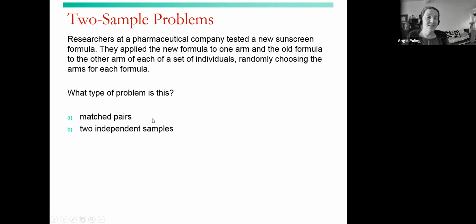But again, this is a matched pair. You are an individual in both samples. You're literally putting the two creams on yourself, on two different arms. Same individuals in each sample, same population. So it's not two independent samples, it's matched pairs.